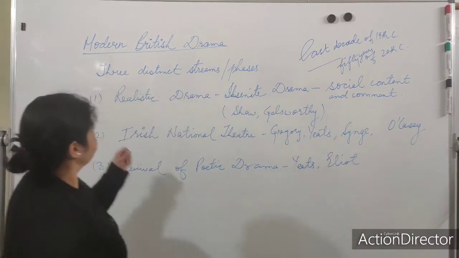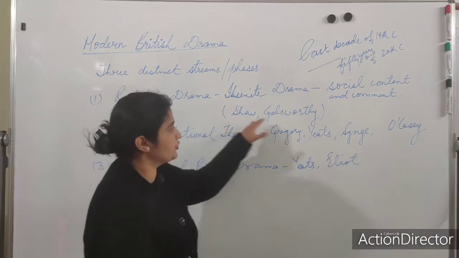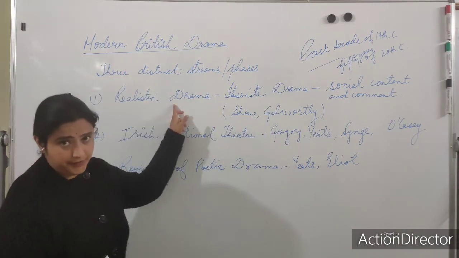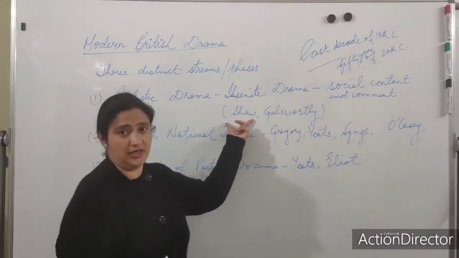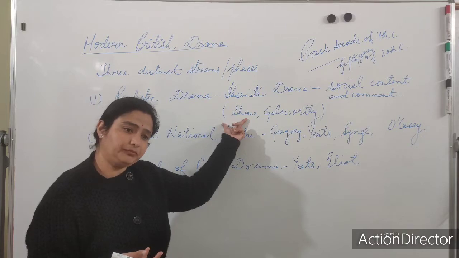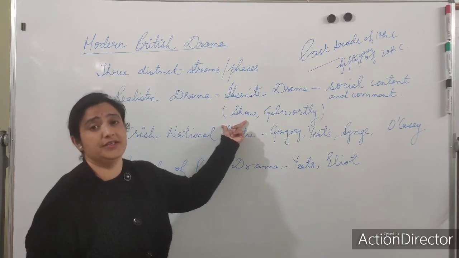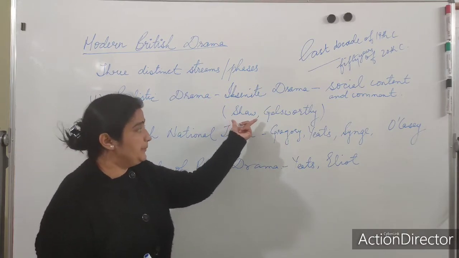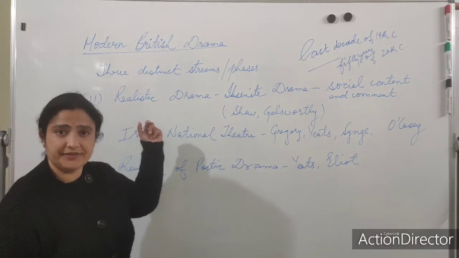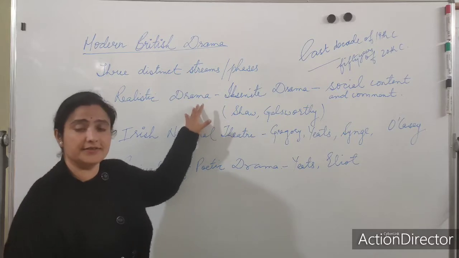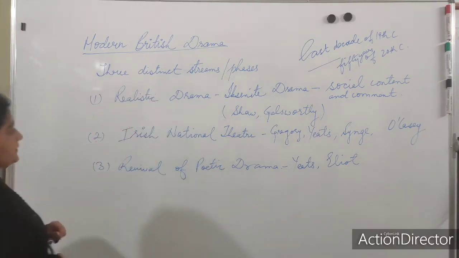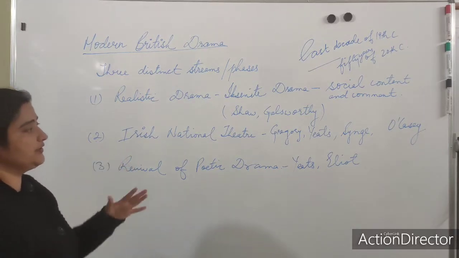Then 2 important dramatists, Shaw and Galsworthy, are 2 important realistic dramatists. Now Shaw, of course, is one of our playwrights whom we are going to study, and you will be better able to understand when we read his play, Arms and the Man, how he is a realistic dramatist, right?